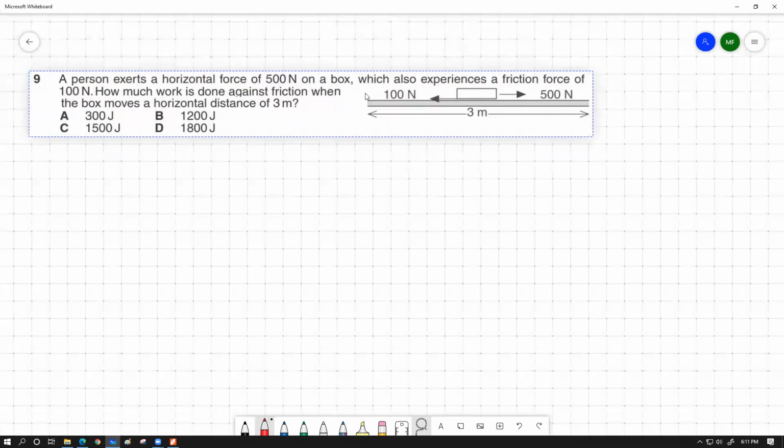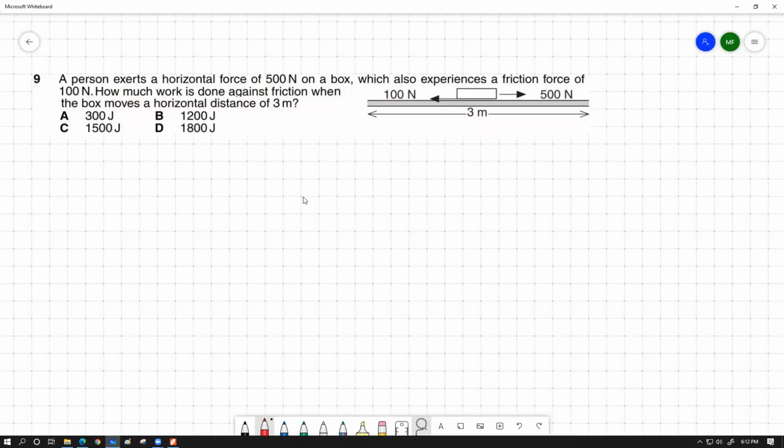Okay, so a person exerts a horizontal force of 500 Newton on a box, which also experiences a friction force of 100 Newton. How much work is done against friction when the box moves a horizontal distance of 3 meters? Interesting question. Let me make this make sense to you. Initially, let's say the box was right over here, and the box moved from here all the way up to here.